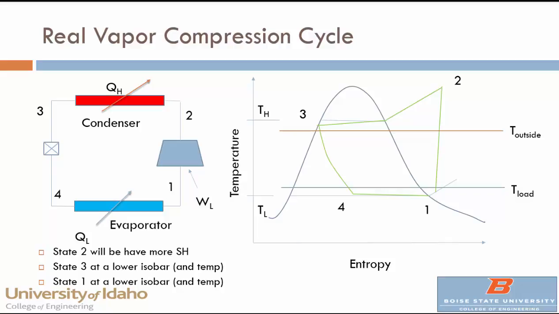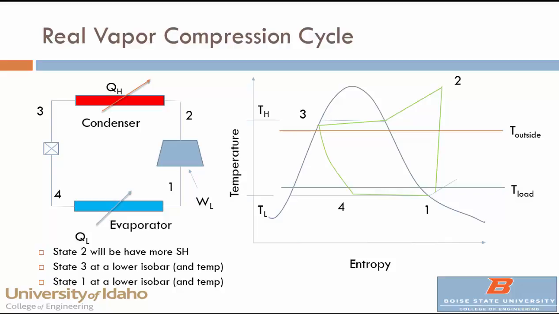The evaporator allows some superheat, so from 1 to 2 we're actually riding up a little bit on this line. We're getting into some more superheat, and then this line from 1 to 2 is not vertical, it's pushing off to the right a little bit. That's taking into account the fact that there's some heat transfer going on at the compressor. Drives the 2 further out into the superheat region.